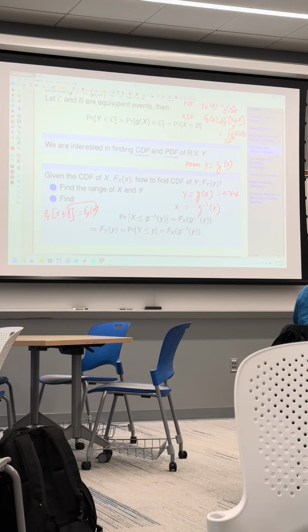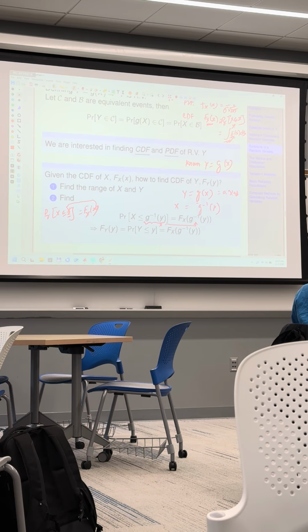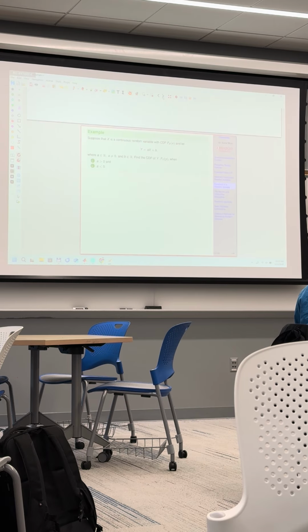You can consider this argument as x, and it goes right here. Because this CDF is known, you should be able to just pass the different argument to find the CDF of random variable y. So random variable y, you find the CDF as such. We will be using this formula to solve this example.